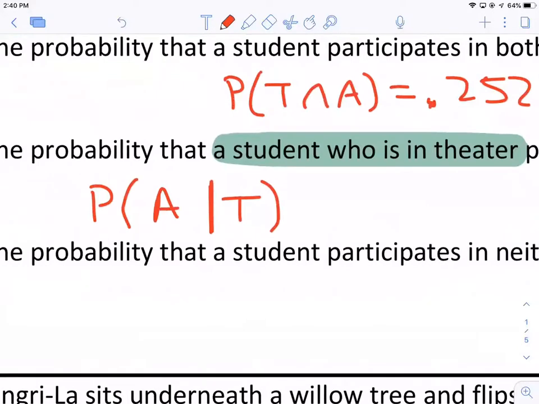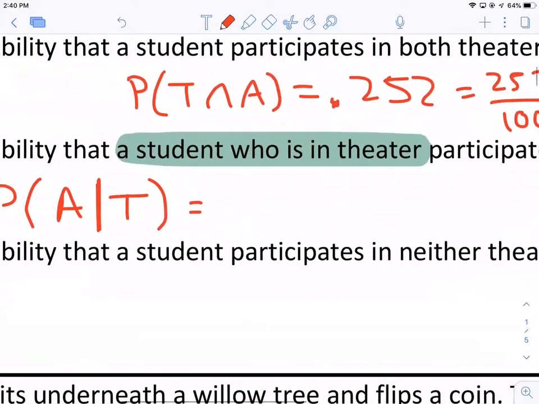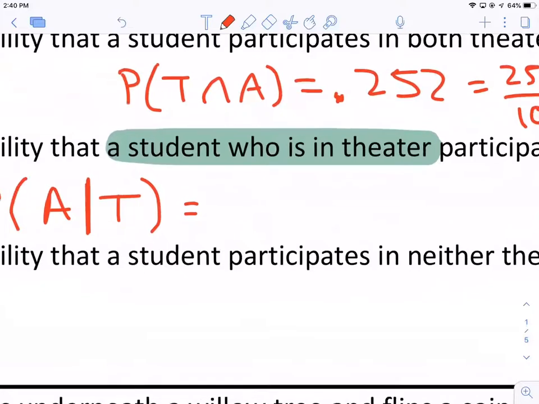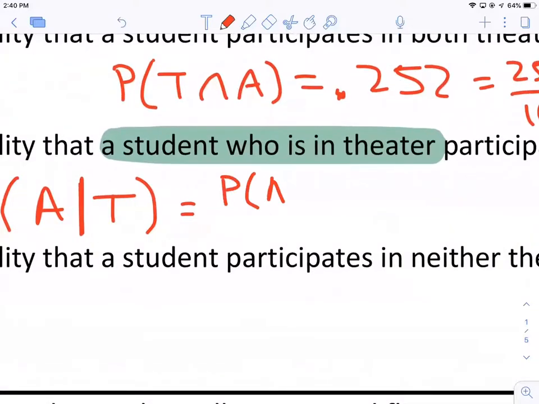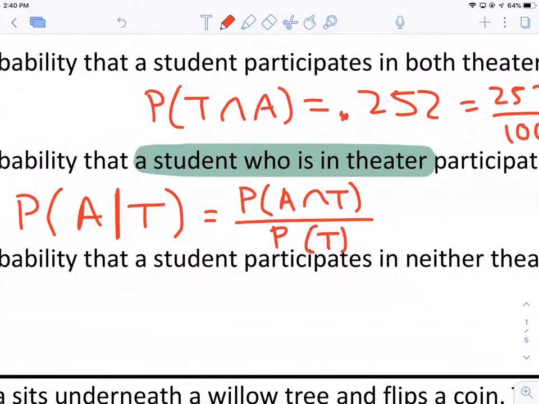So we read this as probability of A given T. And if you remember the formula, this is the formula: probability of A and T over probability of T. And you definitely need to know that and know how to use it because we will be using this quite a bit. All right, but I want the formula to make sense.